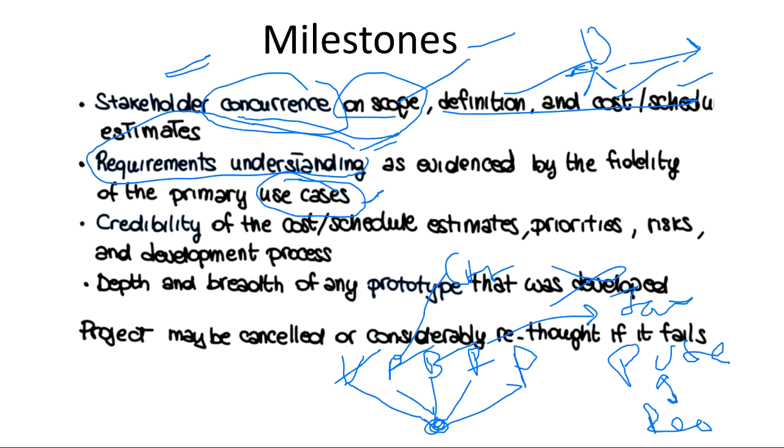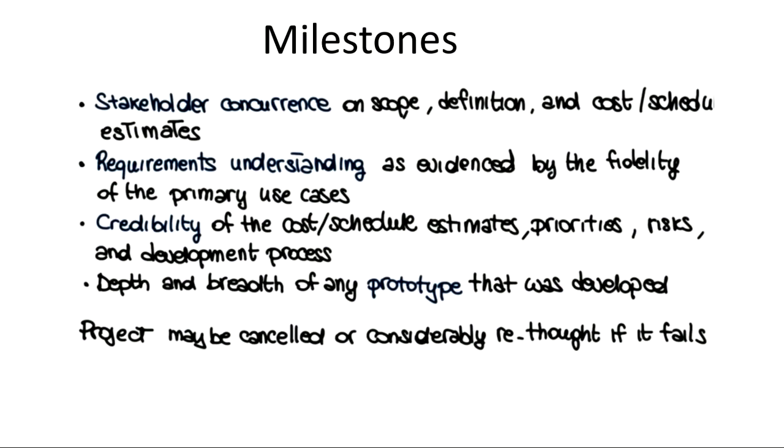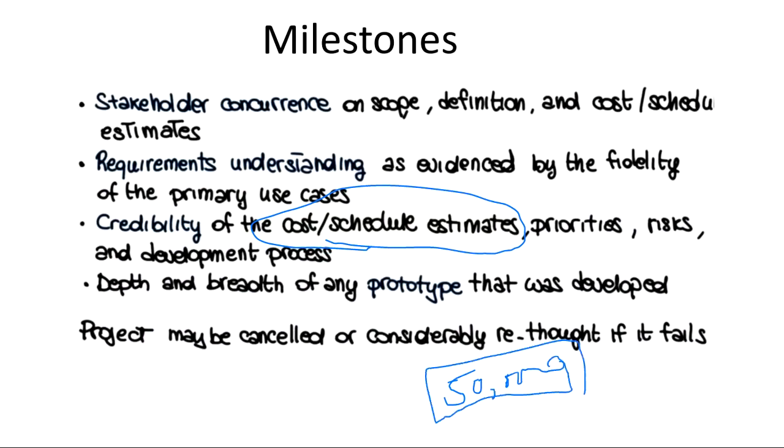Then there is credibility of cost and schedule estimates. It should not be that the user has given you, say, a 50,000 budget, and while making the project you say, okay, our initial budget will be 1 lakh, we will start with 1 lakh. No, it should not be like this. Whatever you have promised, everything should fall within that scrutiny only.